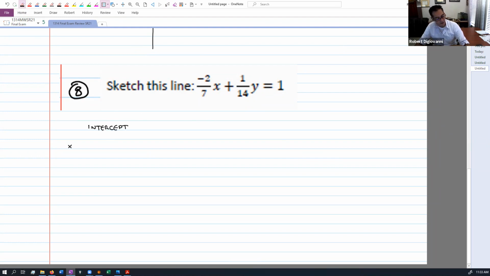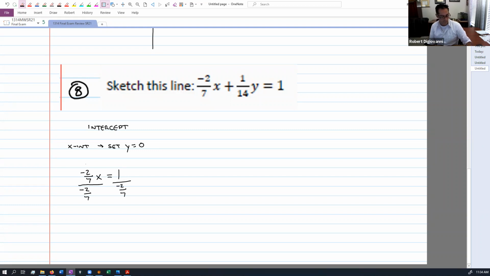So let's find the X-intercept. To do that, we set y to 0. So if I set y equal to 0 here, this is what I'm going to get: -2/7 x equals 1. And then at this point, I need to get x by itself. So I divide both sides by -2/7.